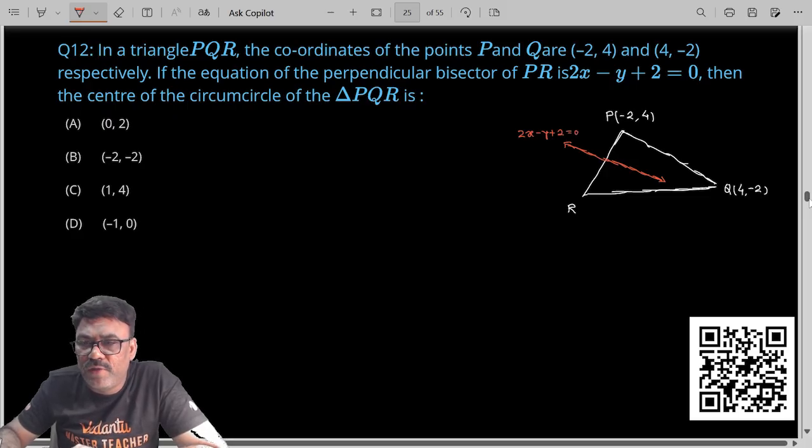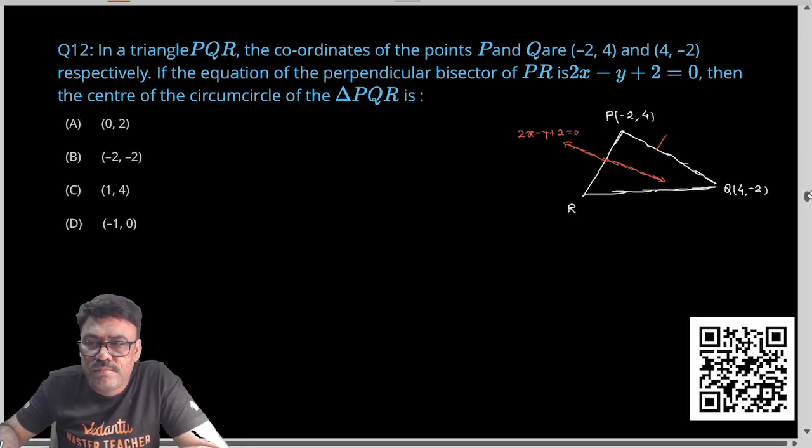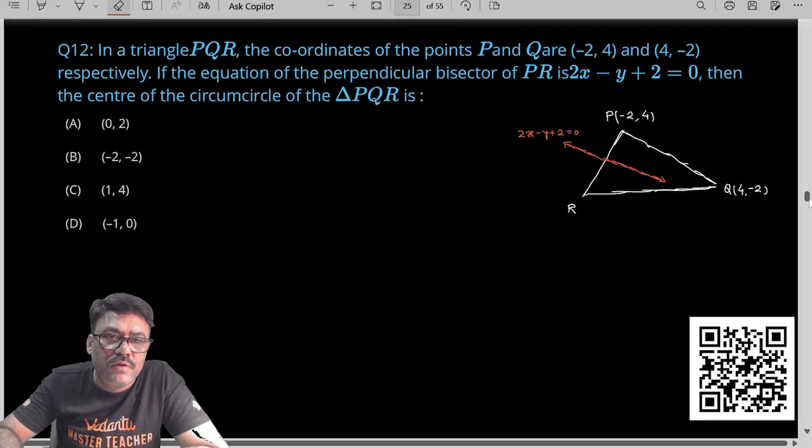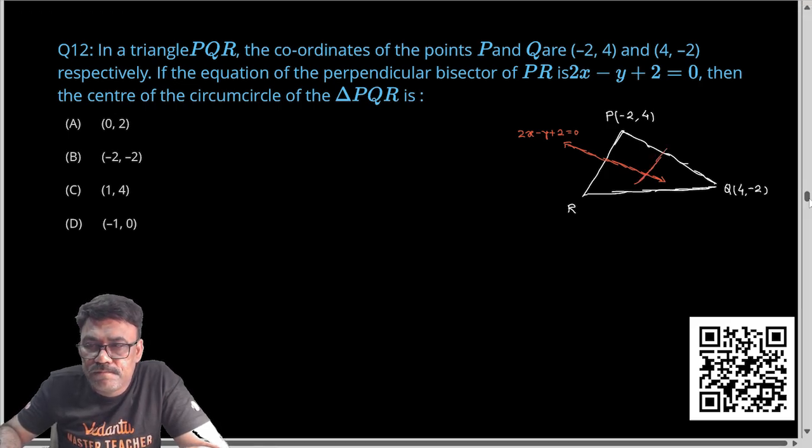And let's draw the perpendicular bisector of PQ. It will be something like this. And the point where these two perpendicular bisectors meet will be the circumcenter.